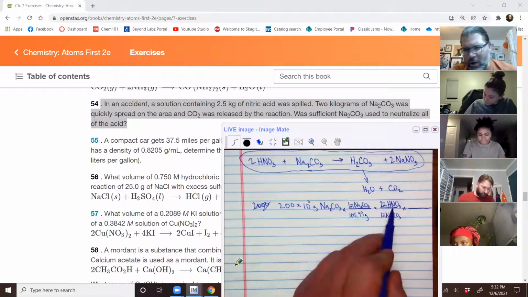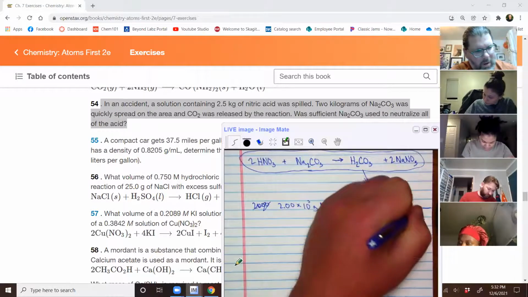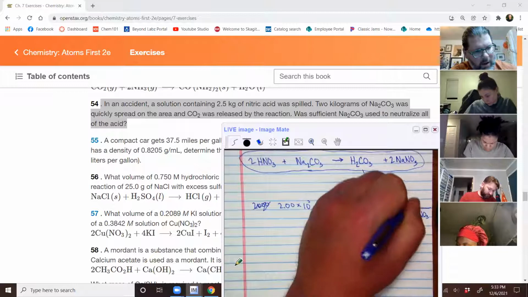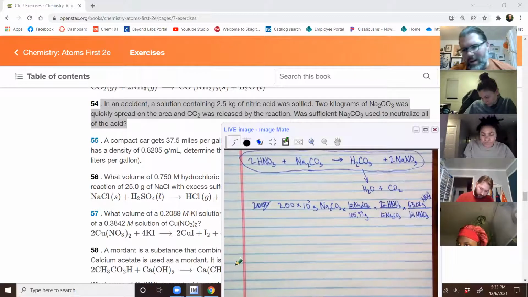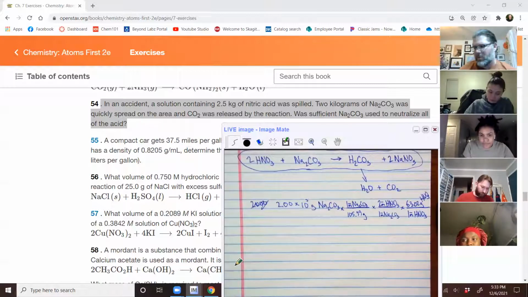And HNO3's molar mass is 63 point something. 63.02. So every 1 mole of HNO3 has a mass of 63.02 grams of HNO3. And I'm not even going to bother converting back to kilograms because that's really easy. Hopefully we can all do that pretty simply at this point.